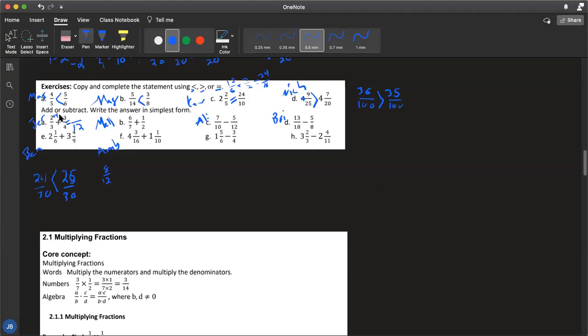So it's 8/12 plus 3 times 3, which for the denominator is 12. And so it's 8/12 plus 9/12 equals 17/12, or 1 and 5/12. Perfect. 1 and 5/12. Great job.